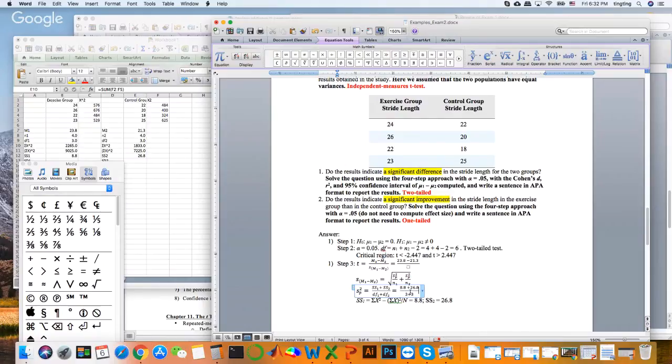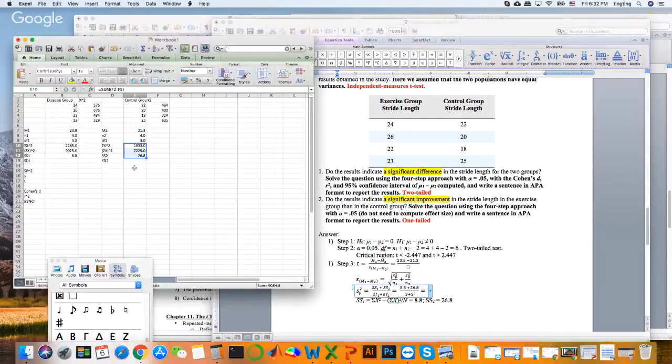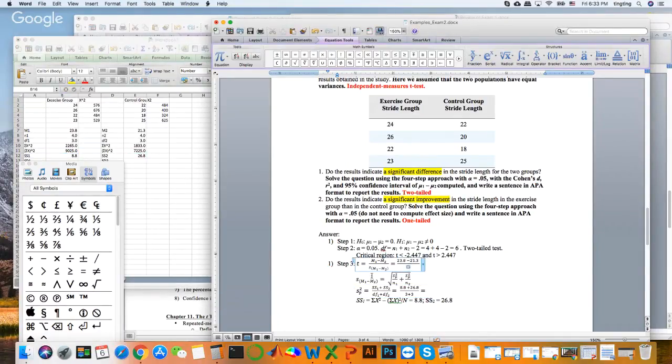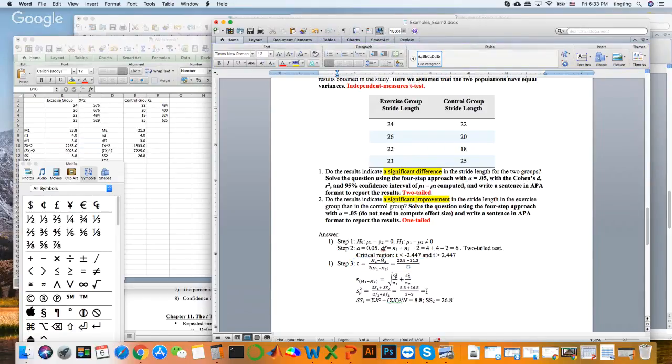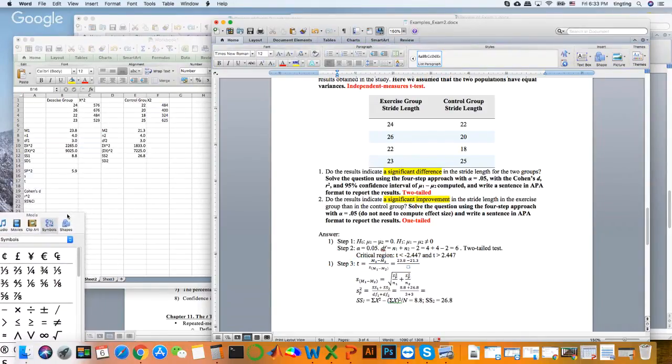So use a calculator to solve it. Then I know it is 5.9. Okay, so we know this number.